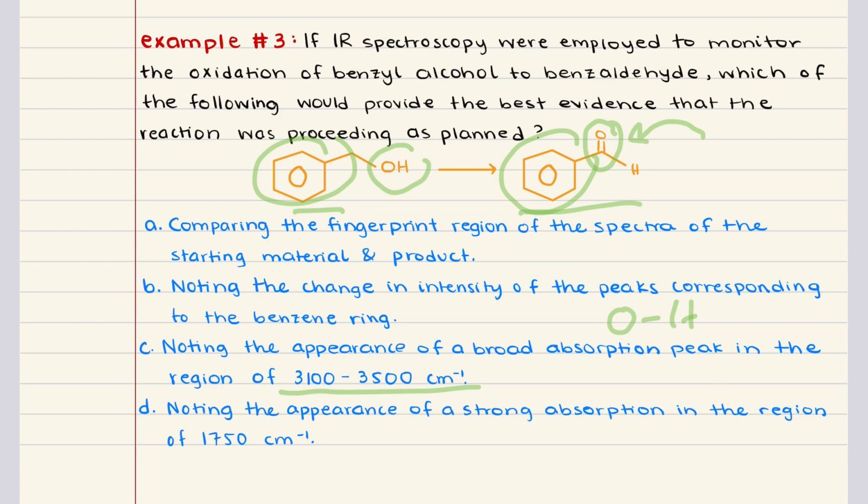Carbonyls give a very strong, sharp signal in this region. And since aldehydes have a carbonyl group, its appearance in the IR spectrum would give us clear evidence that the alcohol has been converted into the aldehyde. So the correct answer for problem 3 is D.